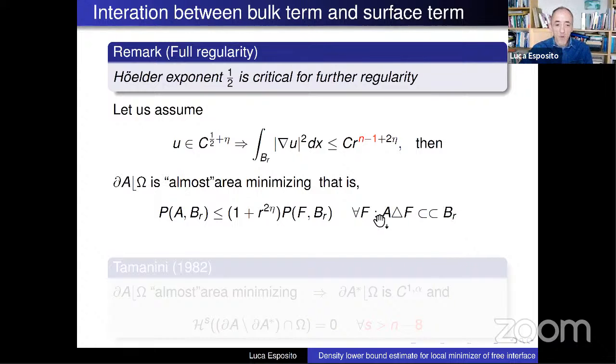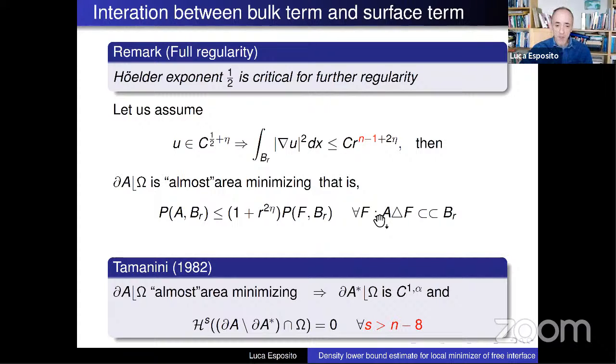And Tamanini proved in 1982 that almost area minimizers are indeed very regular. They share the same regularity as minimal surfaces. So for almost area minimizers, the reduced boundary is C^{1,alpha}, and also the measure of the difference between the topological boundary and the reduced boundary inside omega is zero for every s greater than n minus 8.